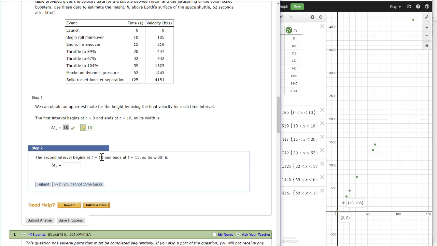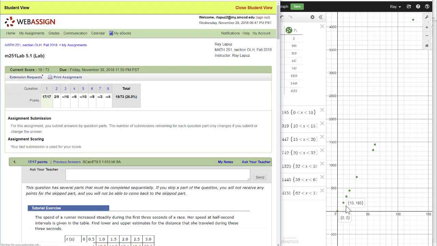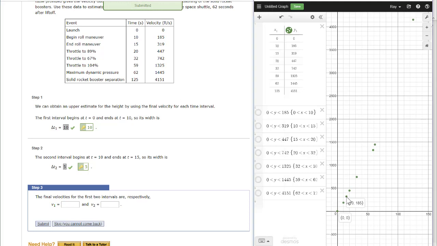The second interval starts at 10 and goes to 15, so the width is only going to be 5. And if you look at the distance in the graph between 10, 185 and 15, 319, the length there is just 5. Then we take the final velocities in the two intervals respectively.